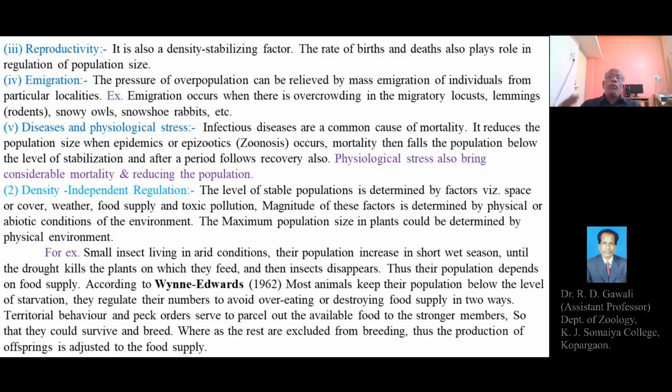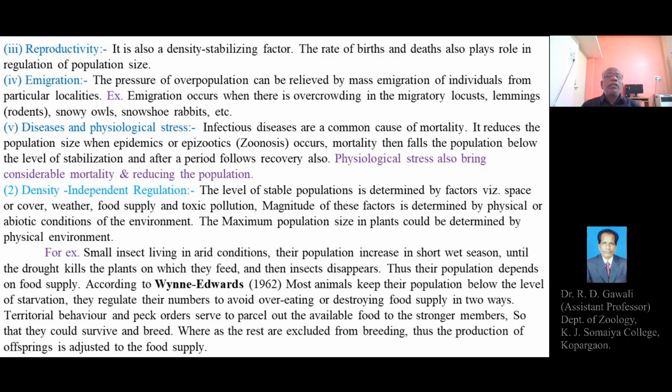And if more individuals die in a population than the birth rate, then ultimately the size of the population will decrease. So, the increase or decrease of individuals or organisms in a population will be affected by the increased or decreased birth rate and death rate.